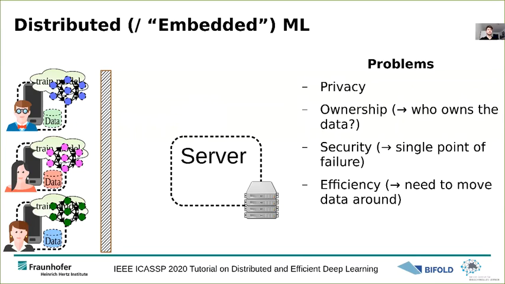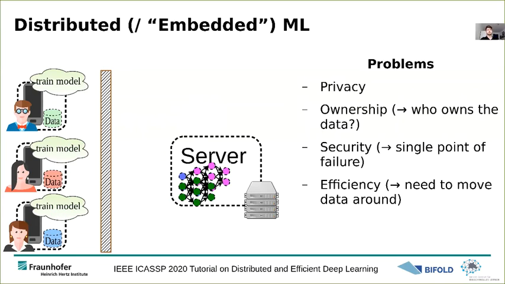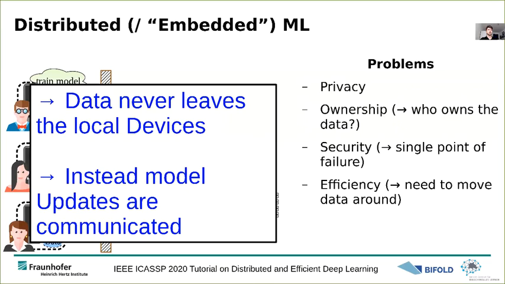So people have developed methods to allow collaborative training without sharing the data. The idea behind this is to share the parameters of the model instead of the raw data. So in conclusion, in distributed or embedded ML, data never leaves the local devices, and instead model updates are communicated.